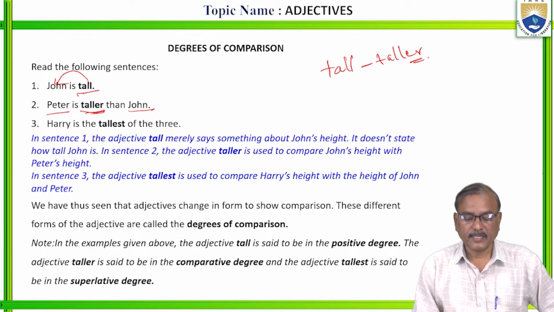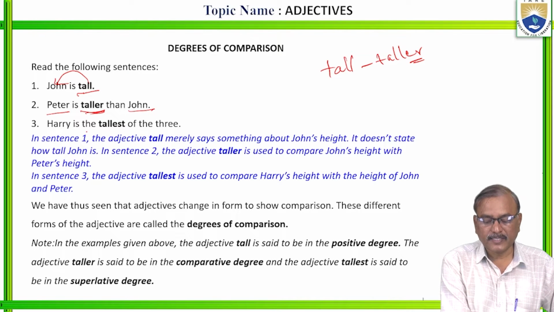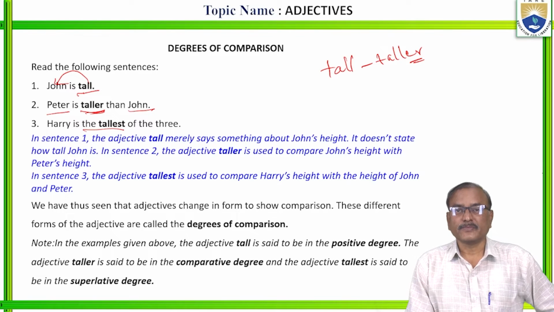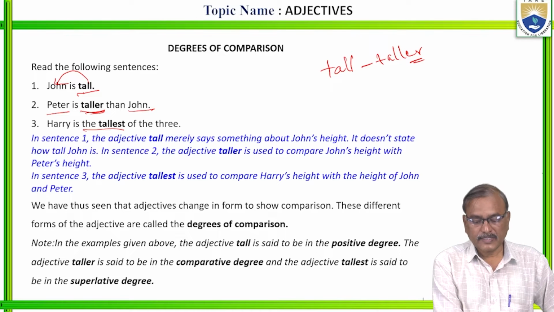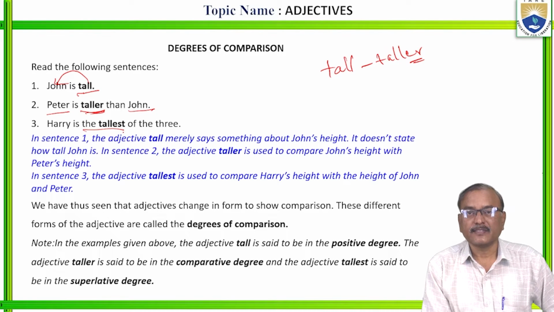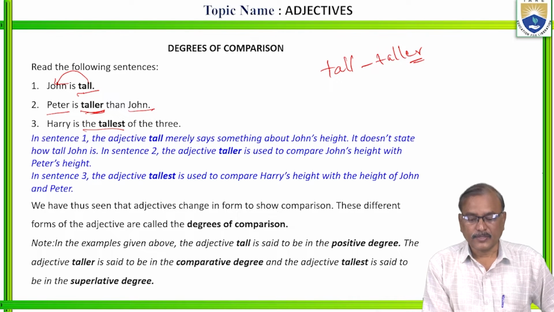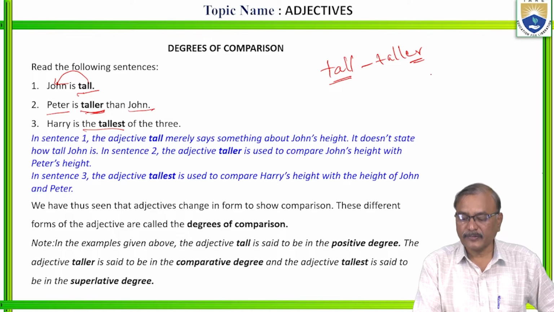And you see here, Harry is the tallest of the three. If the comparison is among more than two, here we can say the tallest. Harry is the tallest of the three. Is it clear? So the adjective tall has three forms.